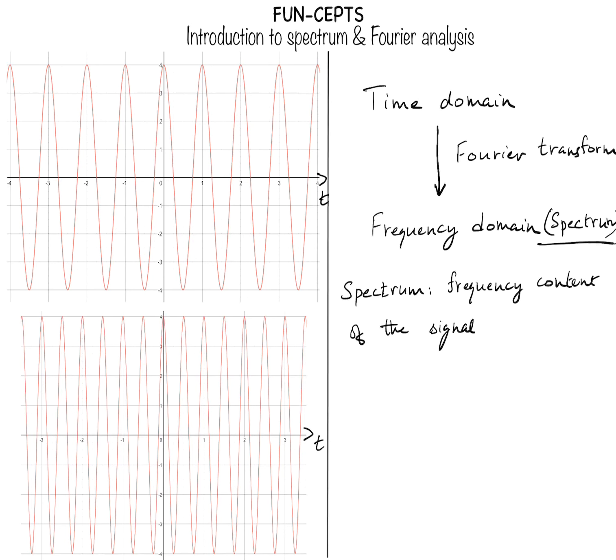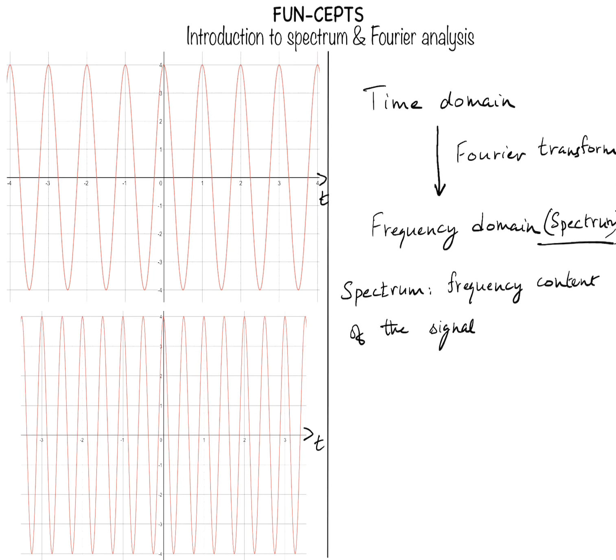That means this particular signal here has a frequency of 2 Hertz. So the spectrum will give us the frequency content of these signals. It will have frequency on the x-axis and the magnitude of the signal at that particular frequency on the y-axis. So it gives us the frequency content.